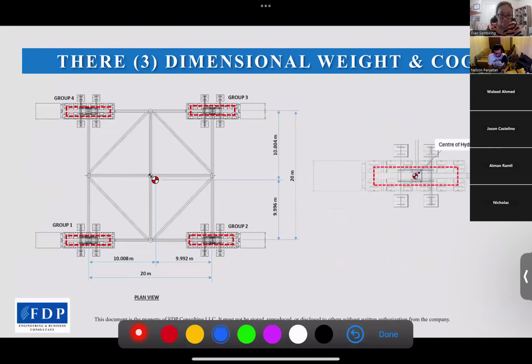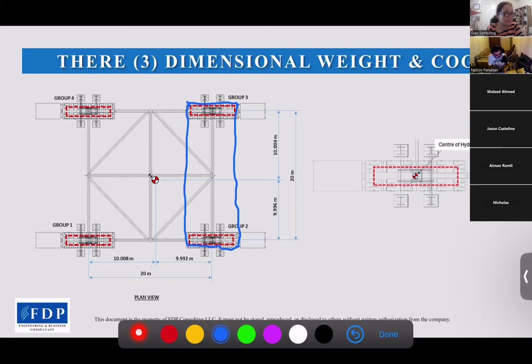We only need the COGX and COGY to get the reaction of each hydraulic group. But there are two hydraulic group arrangements that we usually use in SPMT design: four hydraulic groups, and three hydraulic groups. If it's three hydraulic groups, then we need to combine two SPMT axles as one group.